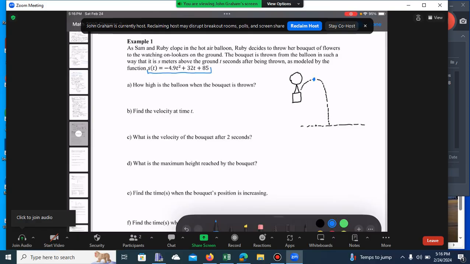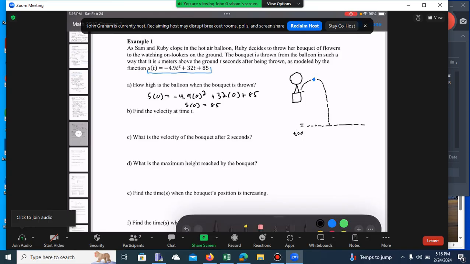First, we want to find how high it was when it was first tossed. That's going to be at time equals 0, so find s of 0. All these terms wipe out, so s of 0 equals 85. It starts out at 85 meters.